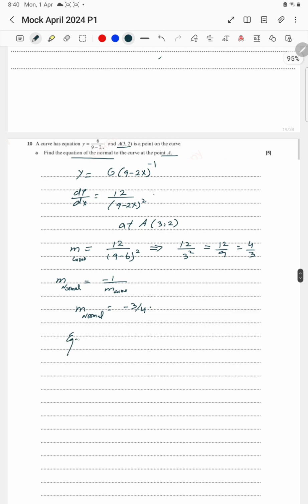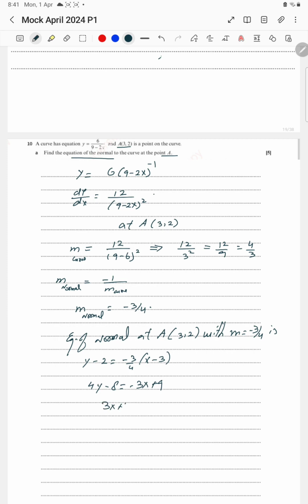So therefore, the equation of the normal at point (3, 2) with gradient minus 3 by 4 is y minus y1 equals m into x minus x1. For the simplification, 4y minus 8 is equal to minus 3x plus 9.